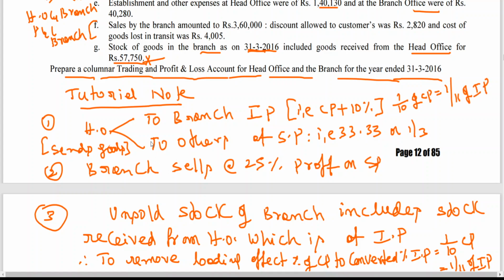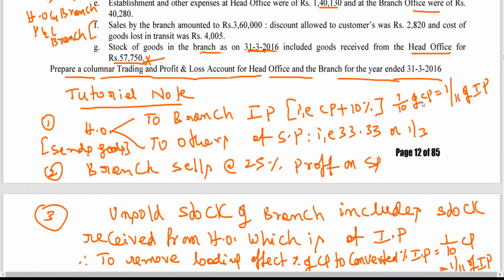That means to find out the profit, because I told you closing stock of branch is also missing. If you can find out the profit on branch sales made by branch, 3,60,000. Achha, sales made by branch is different. On goods sent by head office, you are having two percentages of profit. One is to others, 1/3. Now this is at CP.